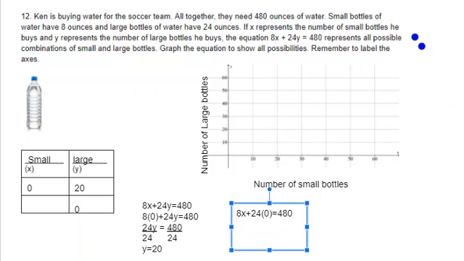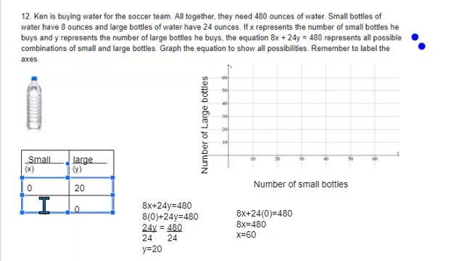Okay, so 24 times 0 is 0, so now I have 8x equals 480. I want to divide both sides by 8, and I get x equals 60. And so that's going to go here.